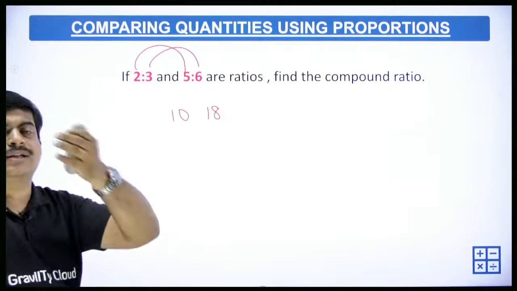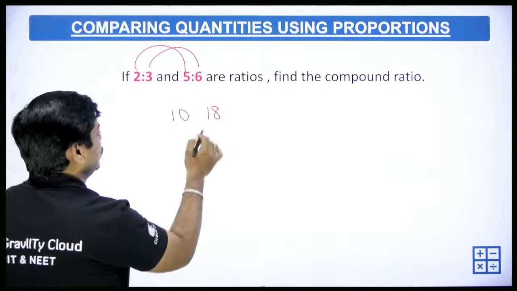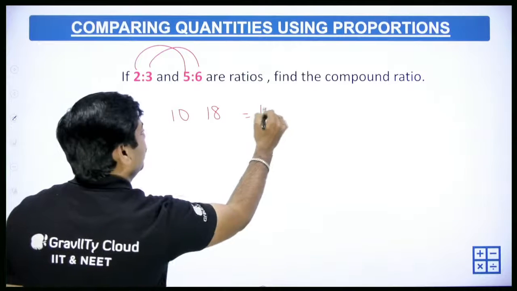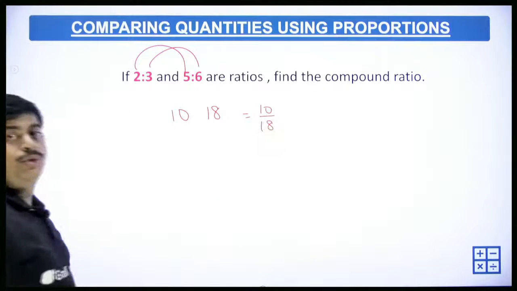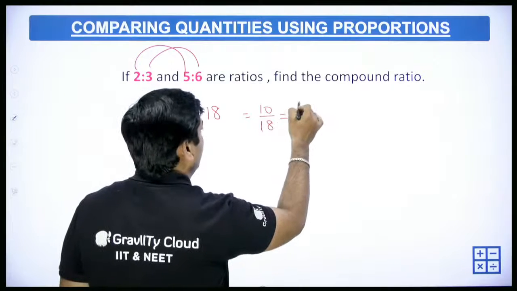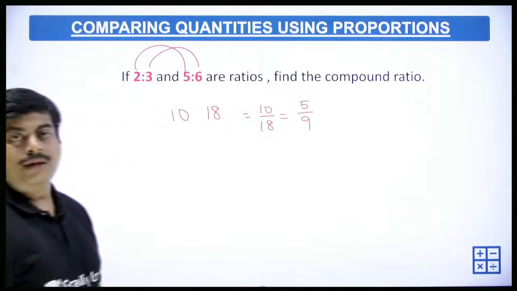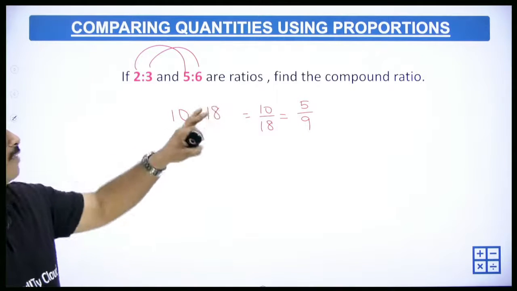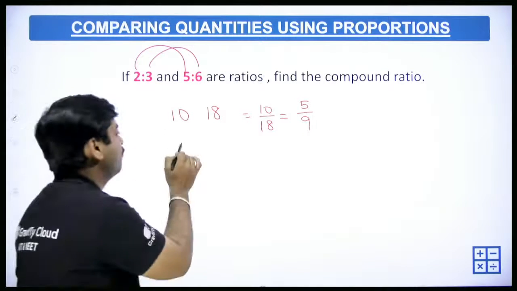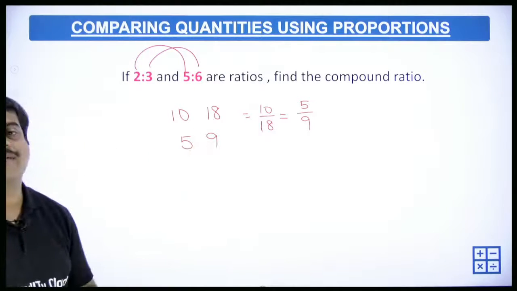You can leave it like this, or you can try to simplify further. You can write this as 10 by 18 and reduce it by 2. That will give you 5 2s are 10 and 9 2s are 18, so 5 by 9, or you can simply say 5 is to 9.